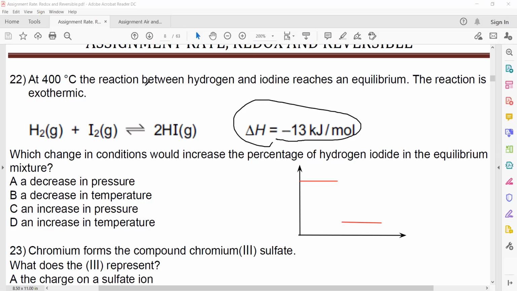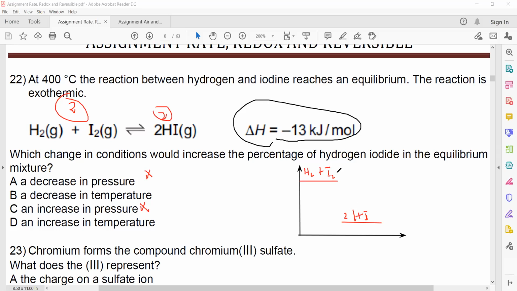Look, the pressure will not affect because there are 2 moles of reactant and 2 moles of product. So pressure will not affect. So A and C cannot be the answer. Now, because the reaction is exothermic, when I decrease the temperature, hydrogen iodide is the product, and hydrogen and iodine are the reactants.